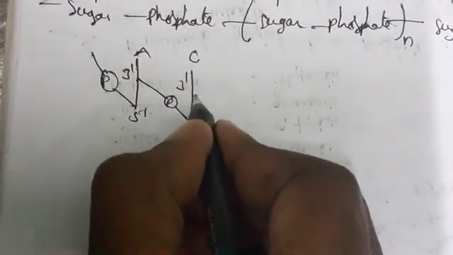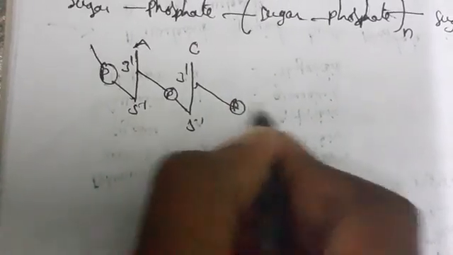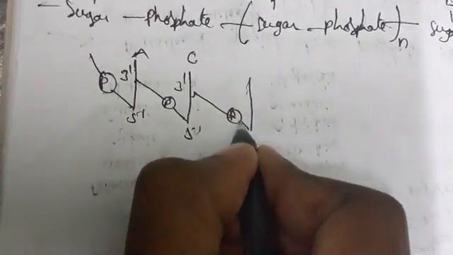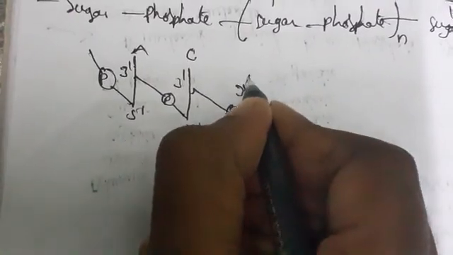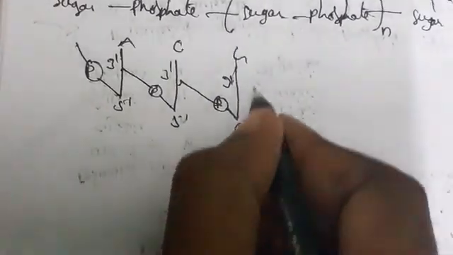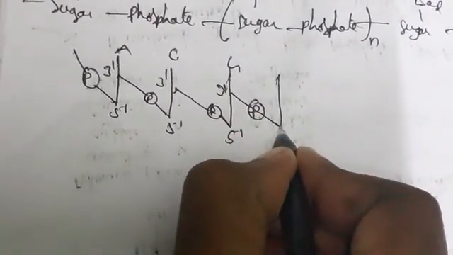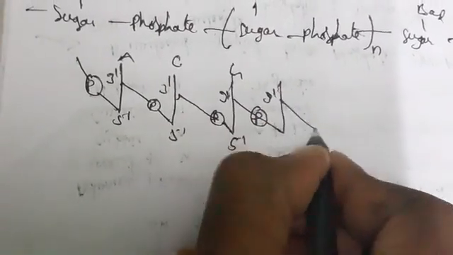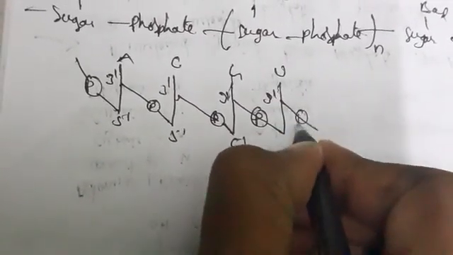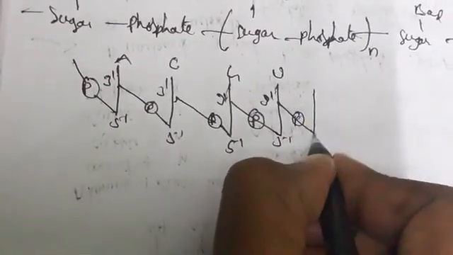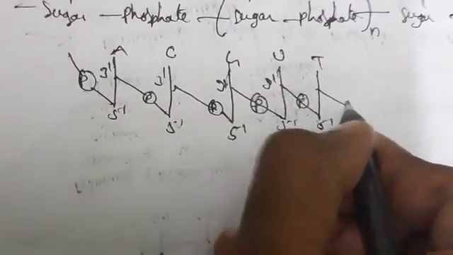So it is going to link like this, phosphate, again 3', here guanine 5', phosphate, 3', uracil, phosphate 5', thymine. Like this it is going to end, and finally it is going to get OH. So this is the way it is arranged.